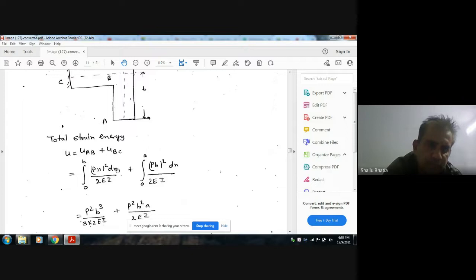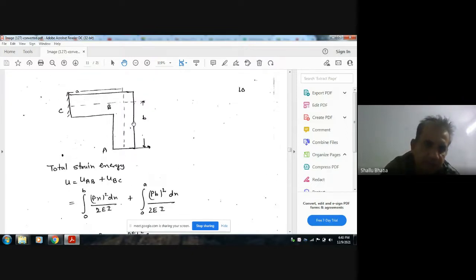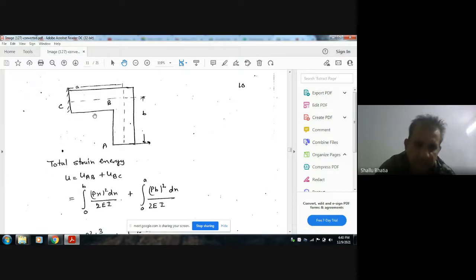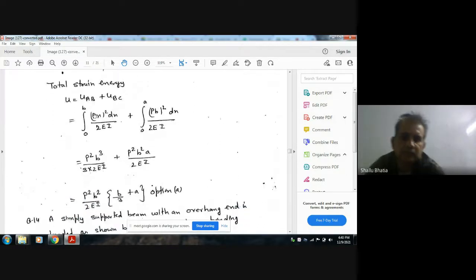So Px square dx divided by 2EI. And for the part BC, the moment is constant and equal to PB, so PB square dx by 2EI. You put in the limits b and 0, and you can find the energy. So this is the answer.